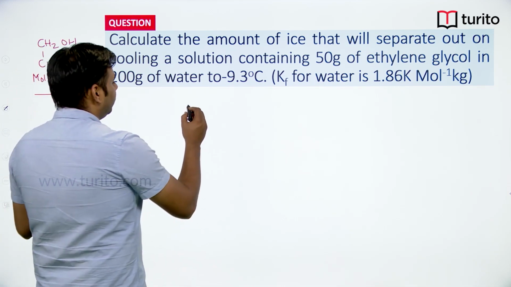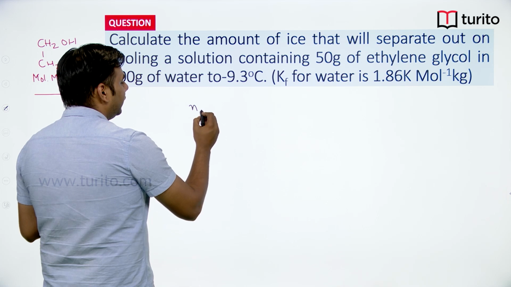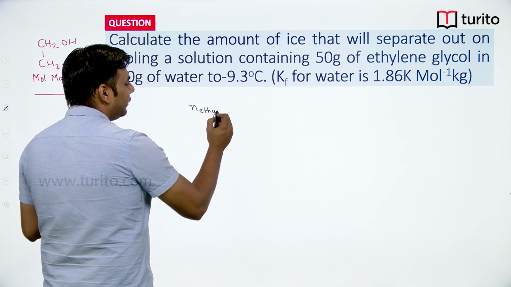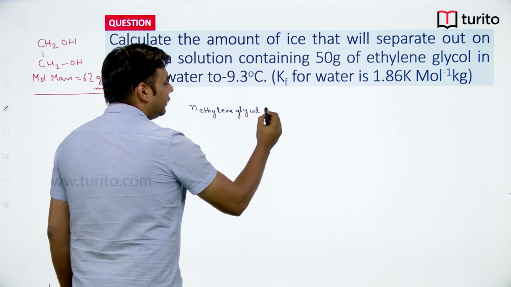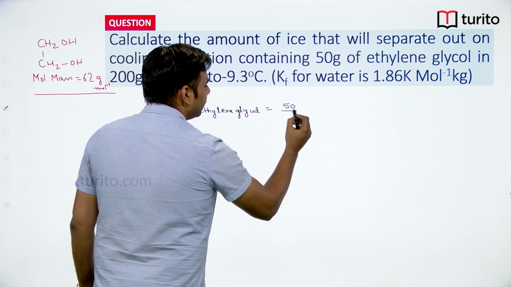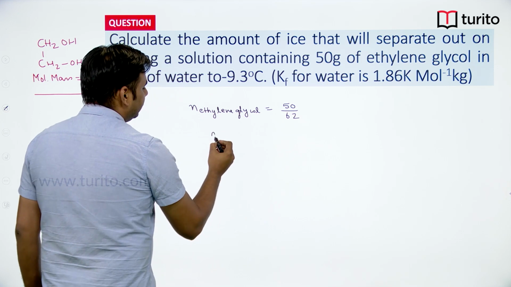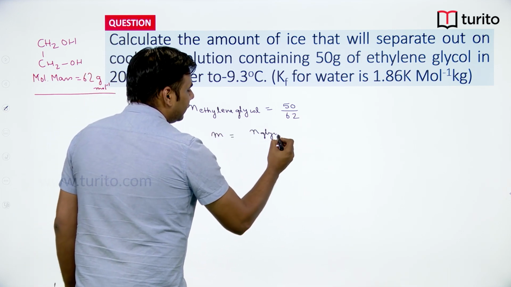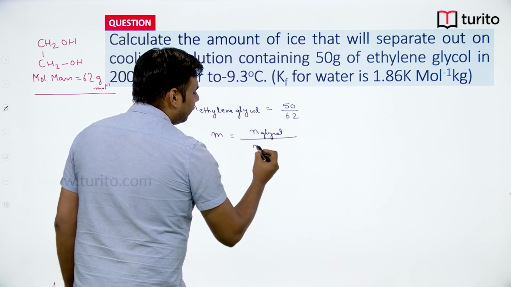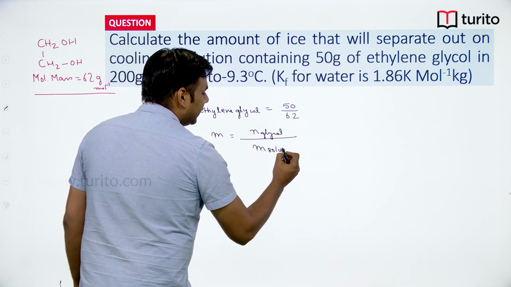Okay, so the number of moles of ethylene glycol would be 50 upon 62. The molality of this solution would be the number of moles of ethylene glycol divided by the mass of solvent in kg.